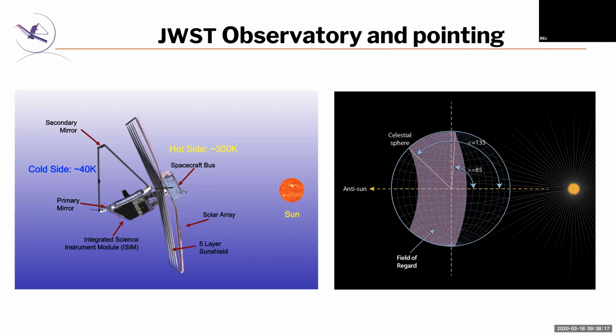And you see that the electronics box is on the warm side at approximately 300 K. On the right, you have the field of regard, the region on the sky that the telescope can point to at any given date. It's about 40 degrees, 40% that is of the full celestial sphere. I'll give more details a bit later.